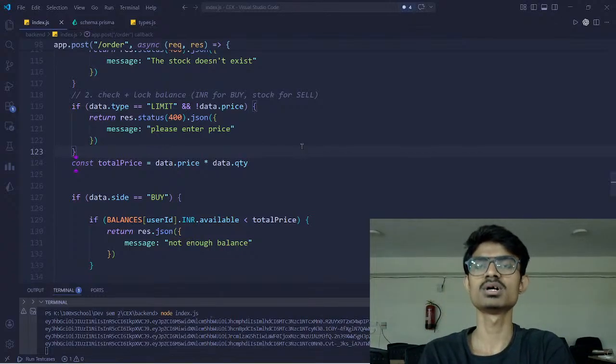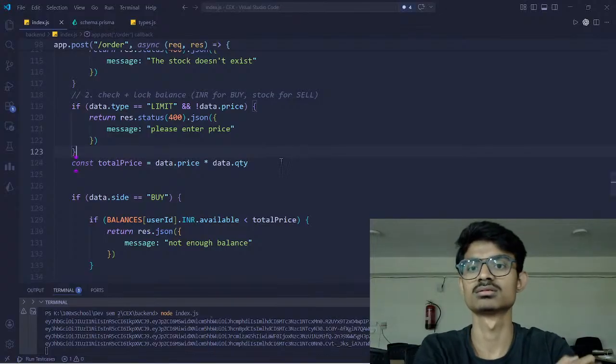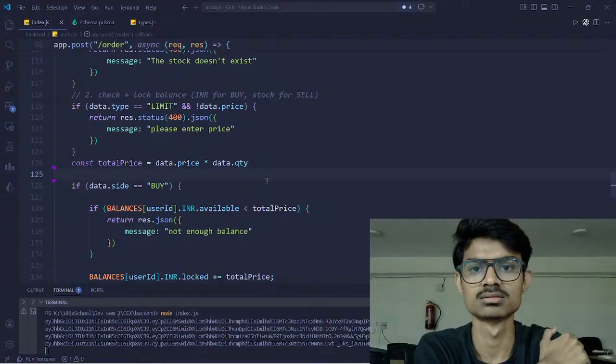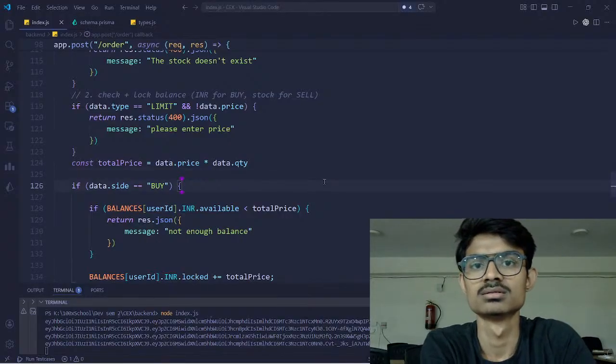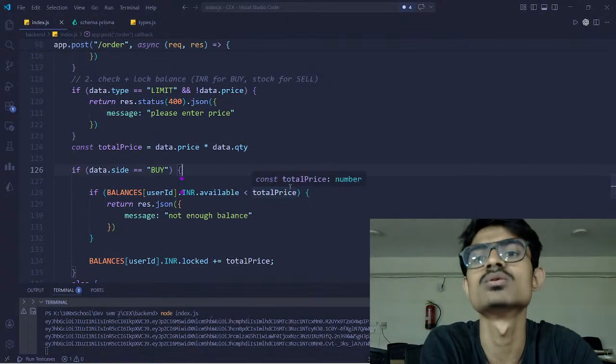If it's a market order, we just, I don't know. Check what I have to do here is check plus lock balance.